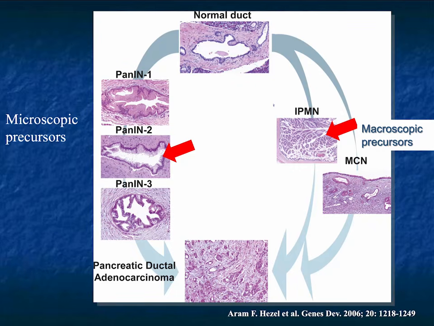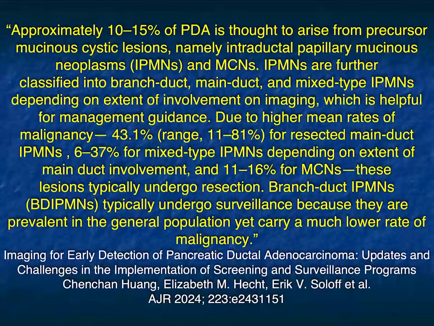And that really becomes the challenge for us, because what do you do? If you operate on everybody with a cystic pancreatic lesion, you're talking about 30% or more of the population over age 50. That becomes unreal. You can't do that. Obviously, patients with pancreatic surgery, there's all sorts of complications. And also, if you have an IPMN and you take it out and it's low-grade dysplasia, it doesn't mean you're not going to get another IPMN.